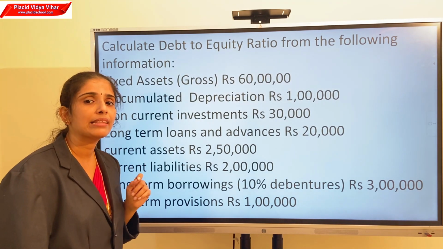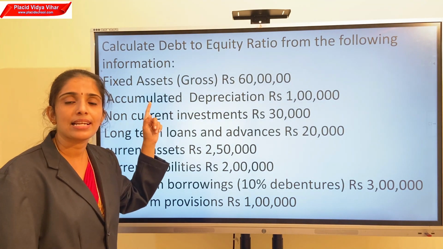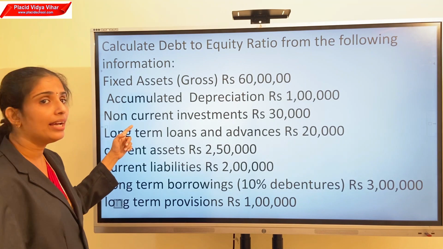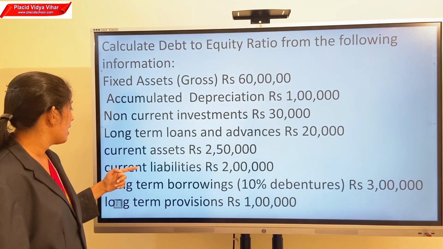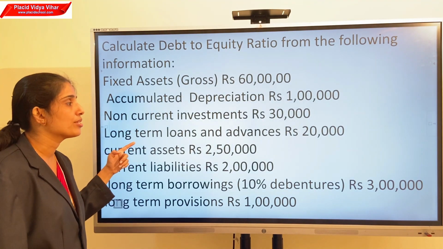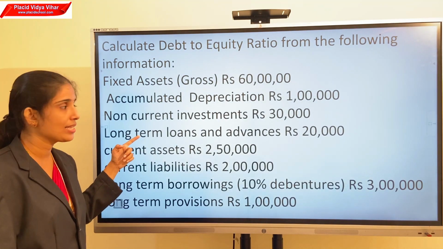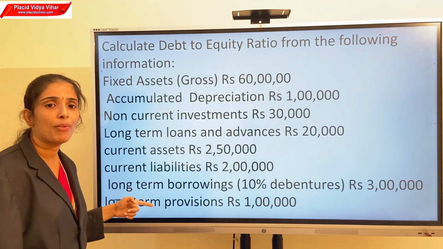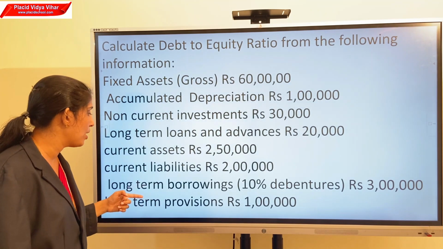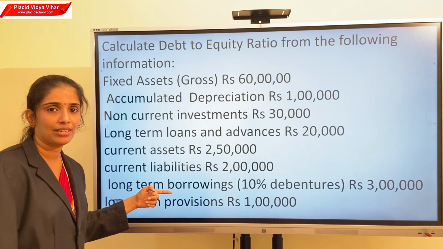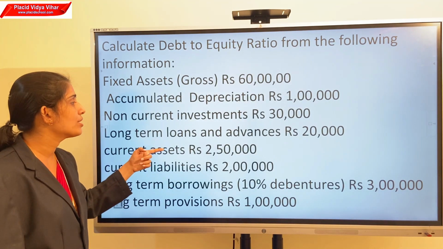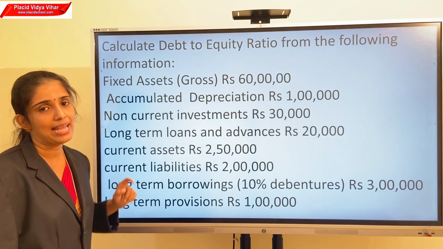Then for calculating the total asset: fixed assets plus non-current investments plus current assets and the long-term loans and advances, because long-term loans and advances is not a part of a liability, because the long-term borrowings is directly given.